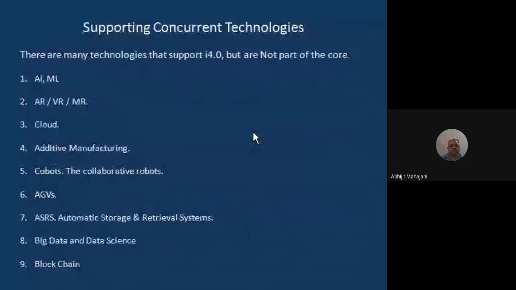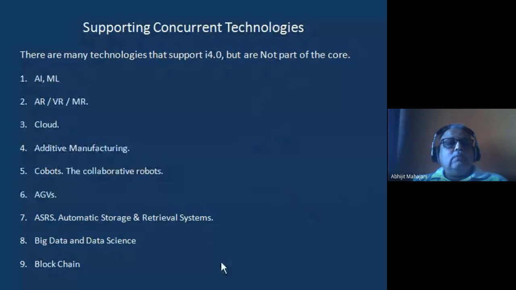Right. Now there are some supporting concurrent technologies which play an important role in Industry 4.0, but they are not part of the core Industry 4.0, I would say. Things like AI and ML.